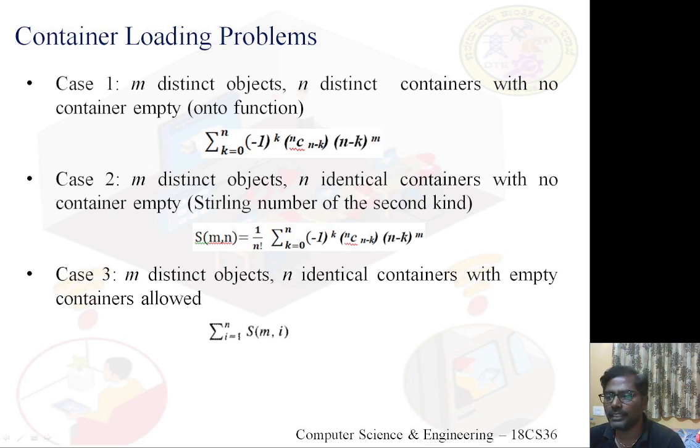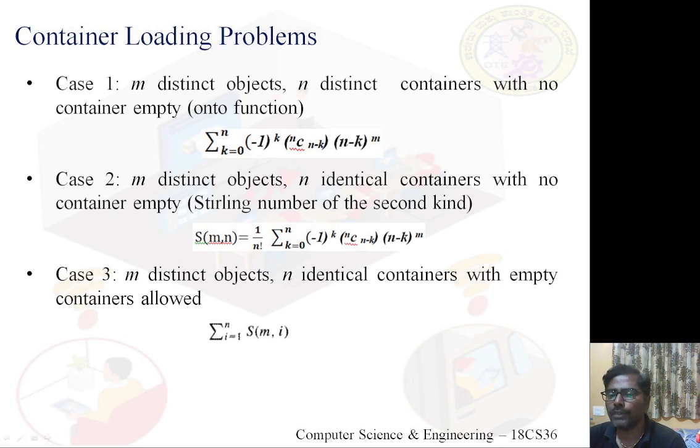After analyzing, we see the solution is nothing but the Stirling number of the second kind, which is nothing but the number of onto functions from a set with m elements to a set with n elements divided by n factorial, and it is denoted as S(m, n).